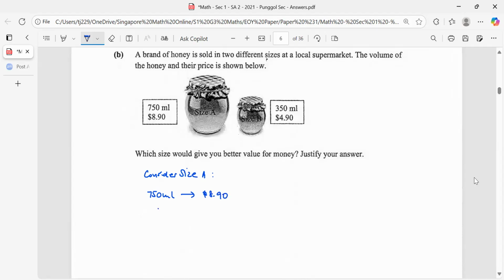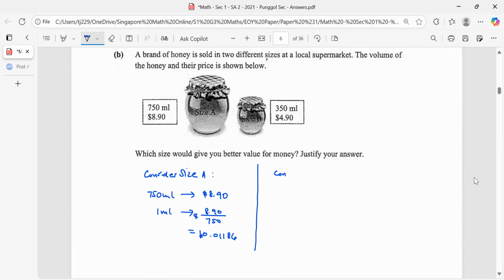Let's find 1 milliliter. So that will be $8.90 divided by 750. And that would give us 0.01186, giving it up to five decimal places. Okay, that's for the cost of 1 milliliter of honey.